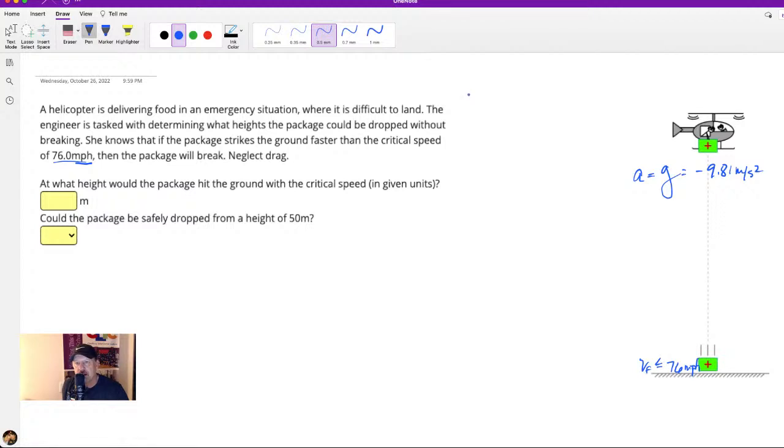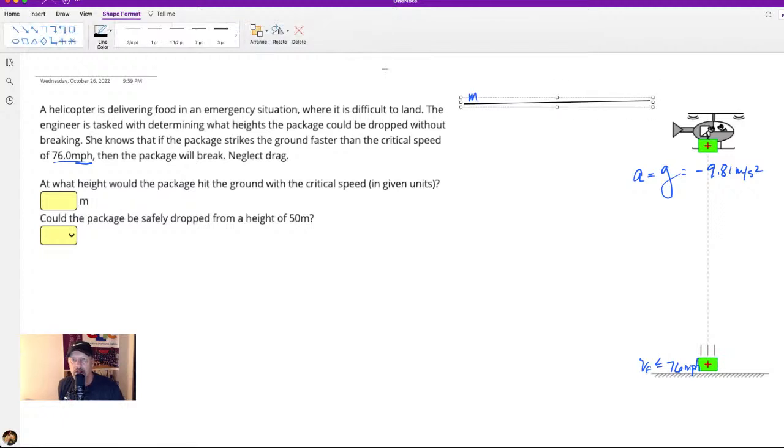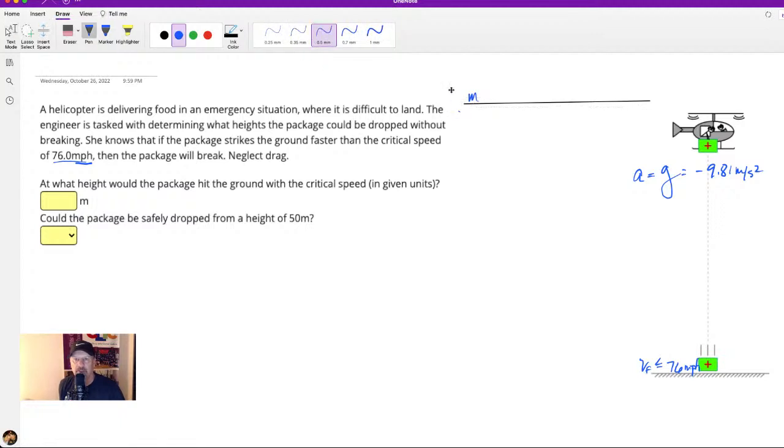If we take either one, let's do meters per second, and we'll do a little unit analysis.